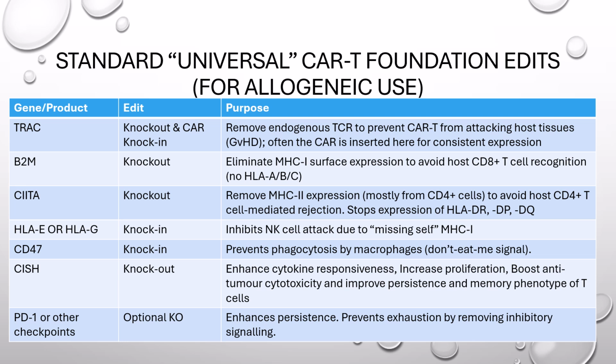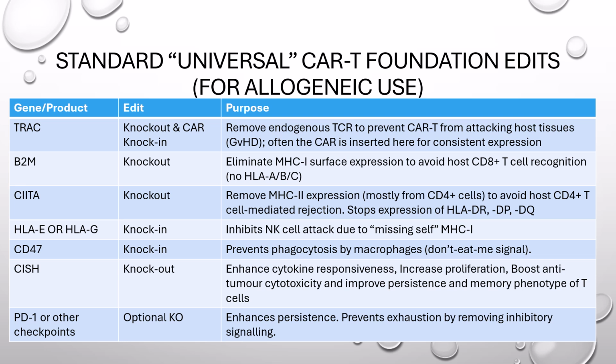Basically, when you knock it out, you supercharge the T cells, and it just means that your tumor microenvironments are ineffective against the T cells. And then, last but by no means least, I've got, optional here, PD-1 or other checkpoints.